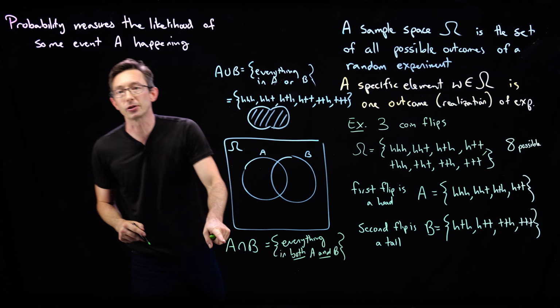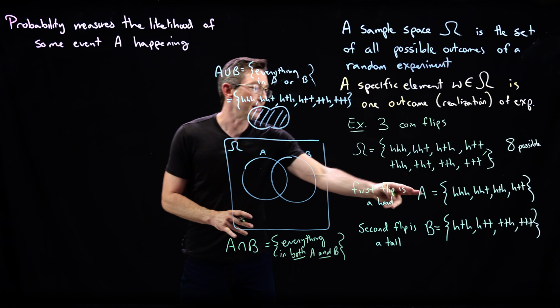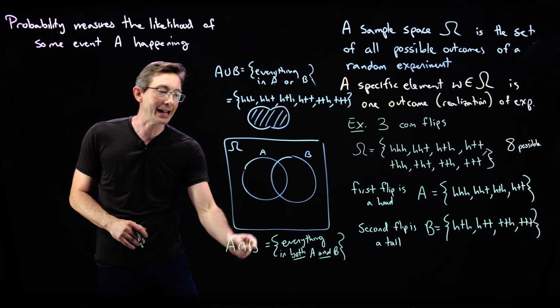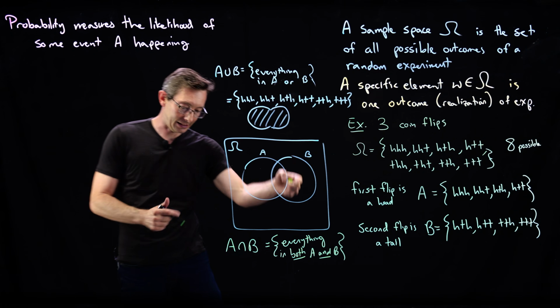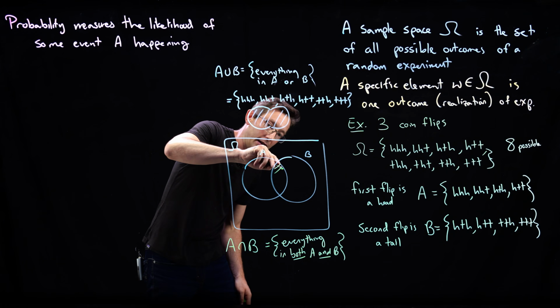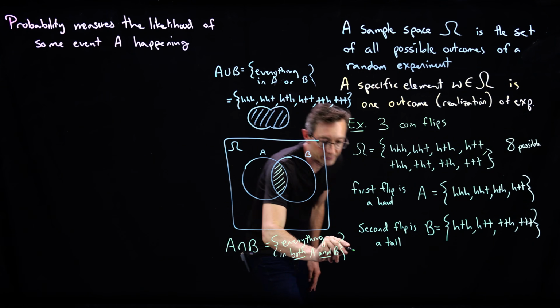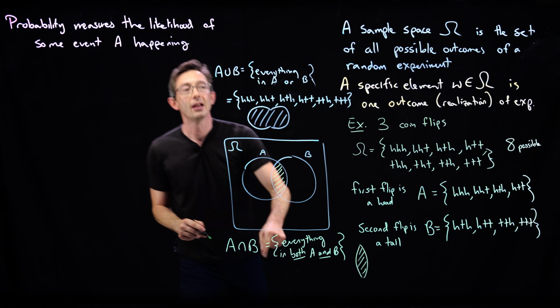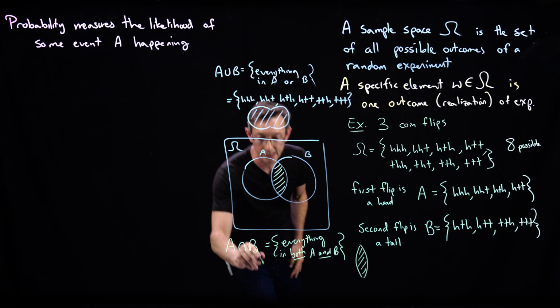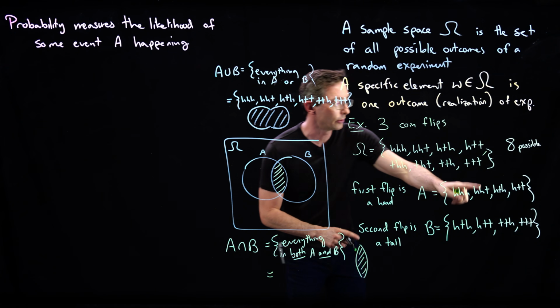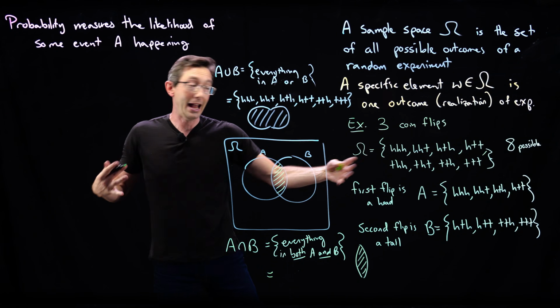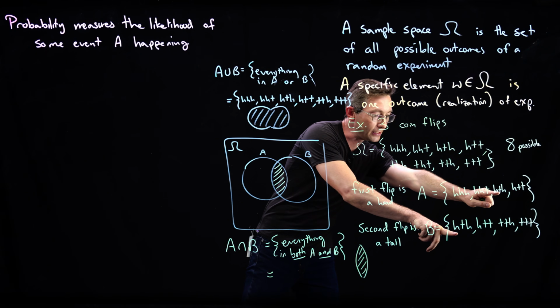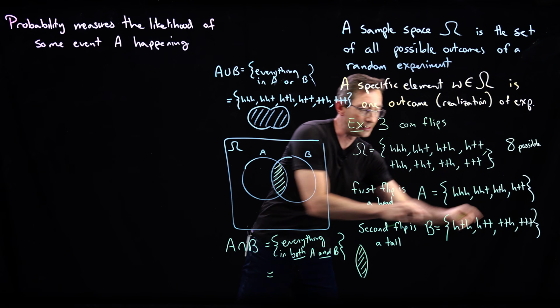This is called the intersection, and it means that for an element to be in the intersection, it has to be in both A and in B. So it would be this intersection region here. That's A and B. And we can compute A and B just as easily. We have to go through and look at which elements are in both A and B. And very quickly we see that HTH and HTT.